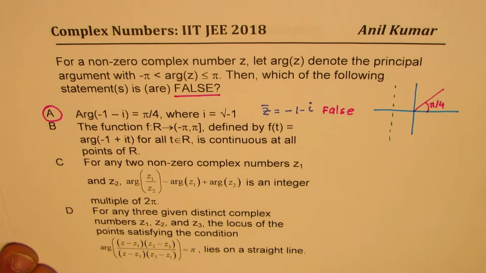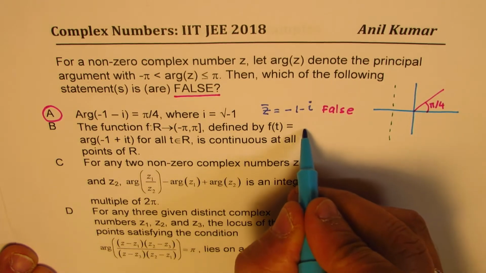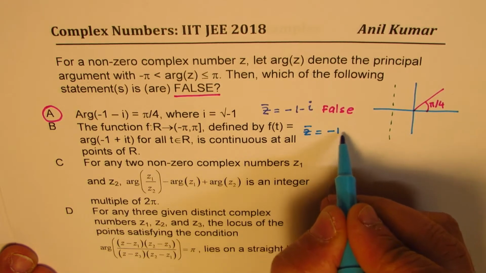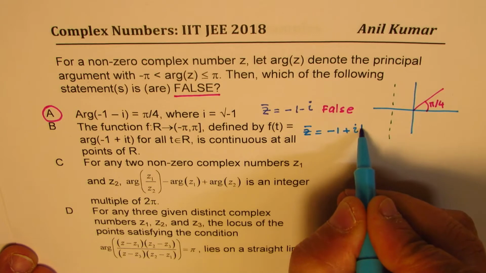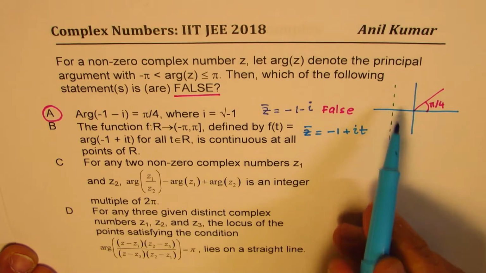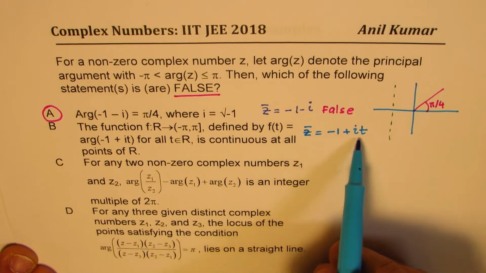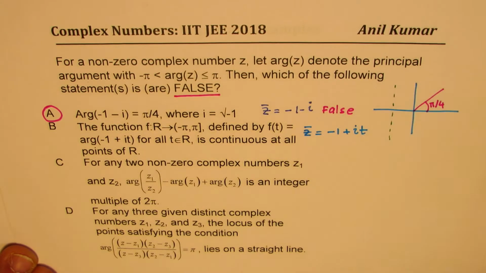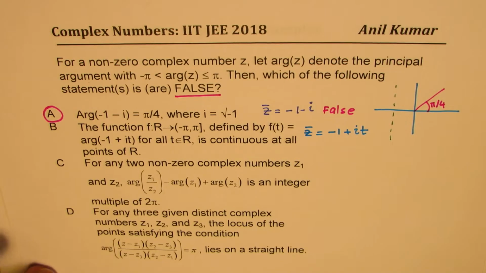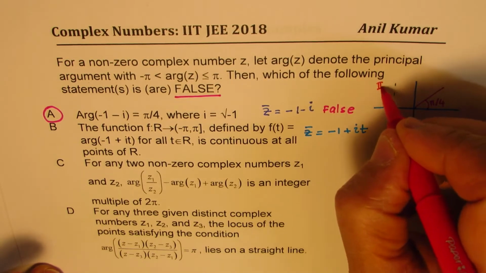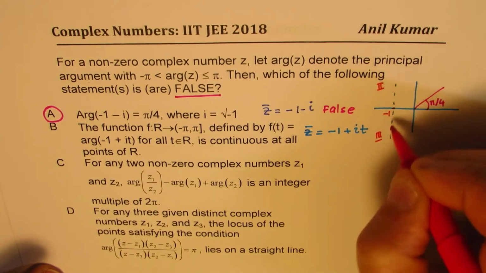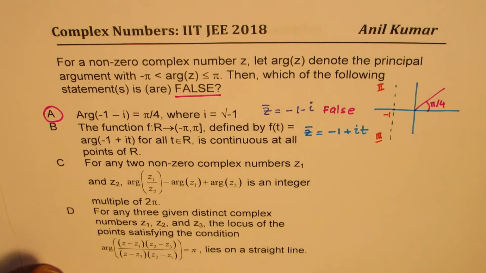We are talking about the complex number minus 1 plus it. Minus 1 plus it means again we could be in quadrant 2 or quadrant 3. This is minus 1 for us, so along this line it could be anywhere.